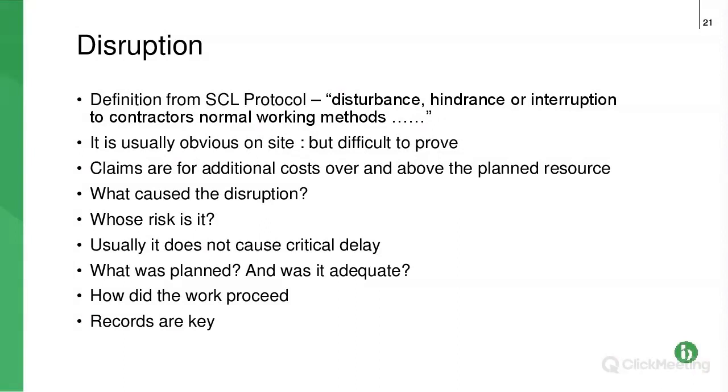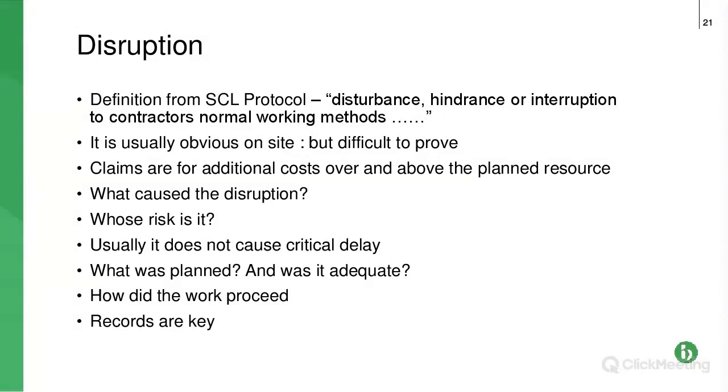Second, penultimate bullet point, how did the work proceed? It's always really useful, because you're looking at how you were disrupted. So how you were going to do the work, how you planned to do the work, how you had to do the work in the end, and why, what was the reason for it, and to show why that disrupted you.